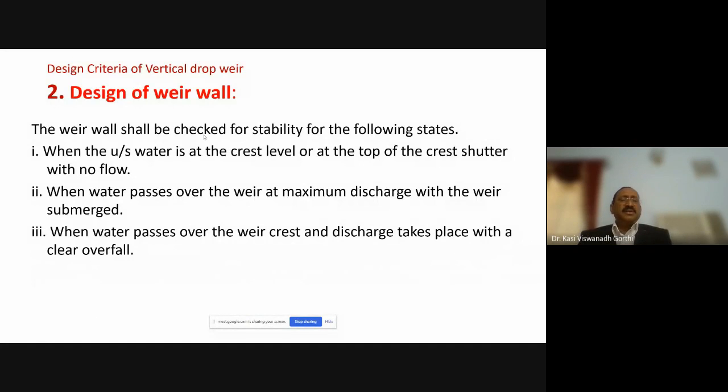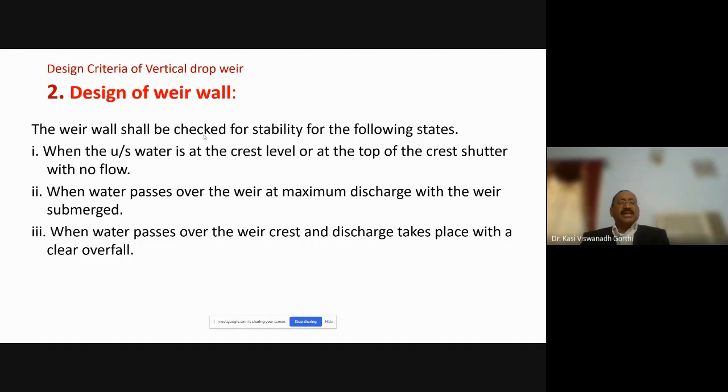Second condition is that when the water passes over the weir, naturally, when more water is coming during the flood period into the river, the excess water over and above the crest level flows to the downstream portion. So when the water passes over the weir at the maximum discharge with the weir completely submerged, then also it must be safe.